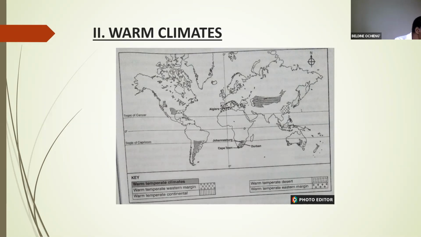Quickly trace where you are seeing the symbol of warm temperate western margin. On the west, I can see them very well. Warm temperate on the western margin.